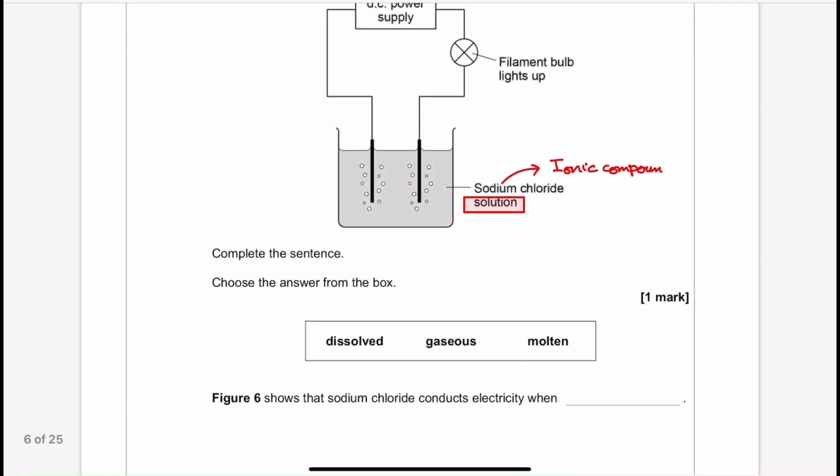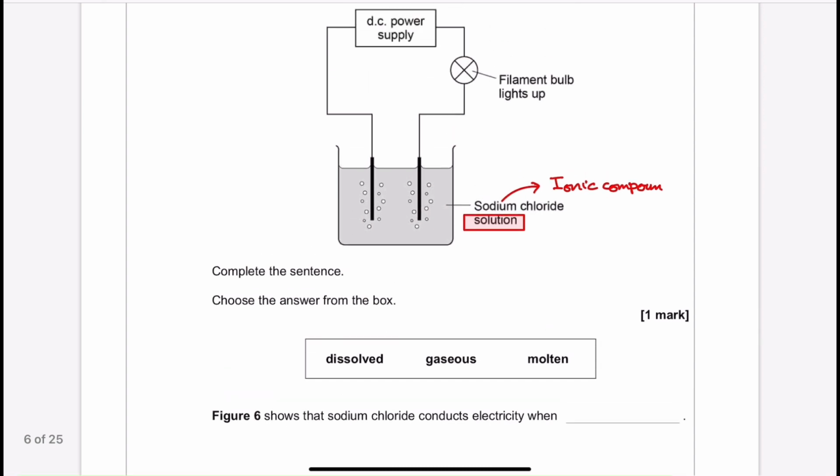Again, we need to complete a sentence here. Choose answer from the box. Figure number 6 shows the sodium chloride conducts electricity. The property of ionic compounds is that they conduct electricity in two forms, in molten form or in the aqueous solution, meaning dissolved in water.